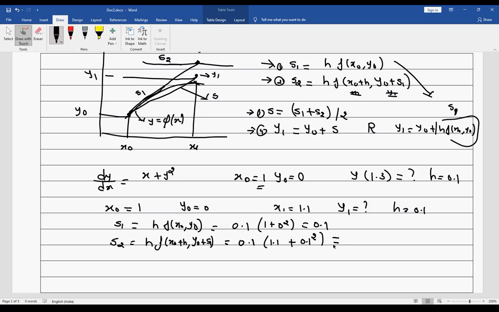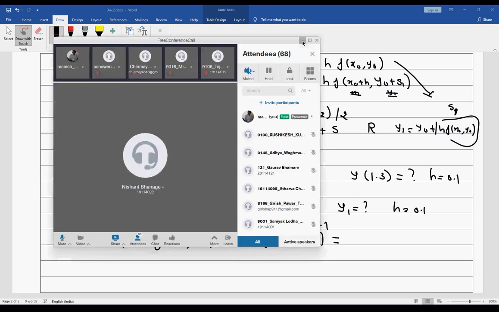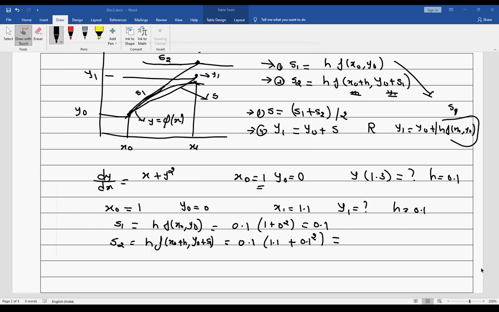Okay, fine. So get me the value of S2. So I have 0.11. Okay, great.